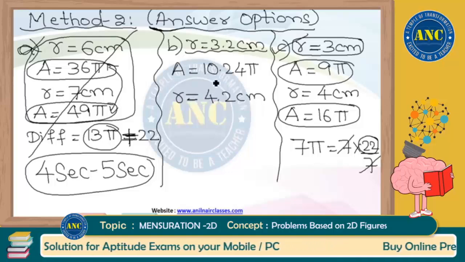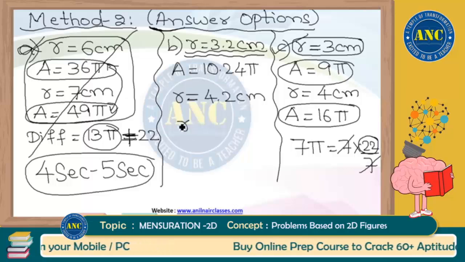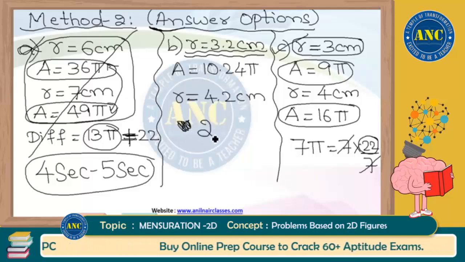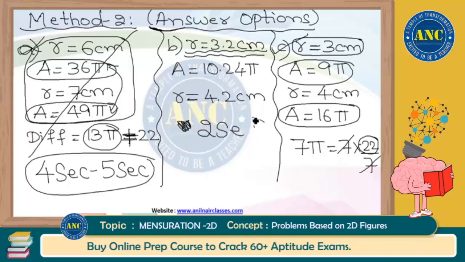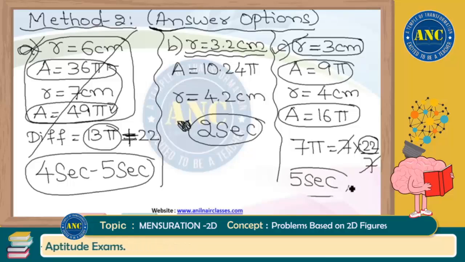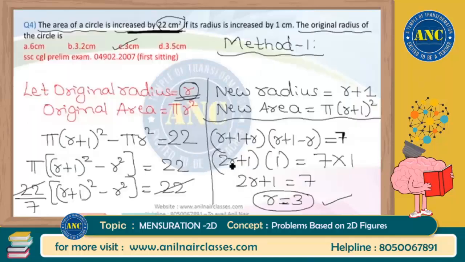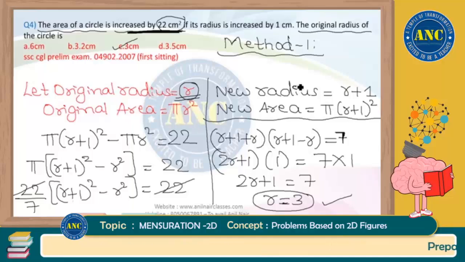Second option, although I did not check it, assume that you took 2 seconds in jumping from second option to third option, and third option to say that it is equal to 22, another 5 seconds. You will solve this particular question by using method 2 in the worst case scenario in 15 seconds. But if you use method 1, I can tell you definitely that you will take more than 15 seconds.